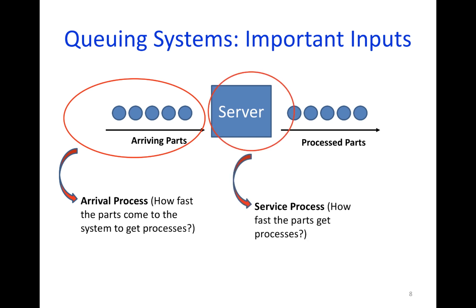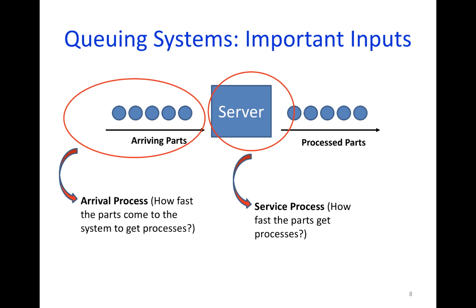The other important input is related to how fast we are processing these parts or customers and they leave our system. This is what we call the service process, which is about how fast we provide service or process these parts or customers and then they leave our system.